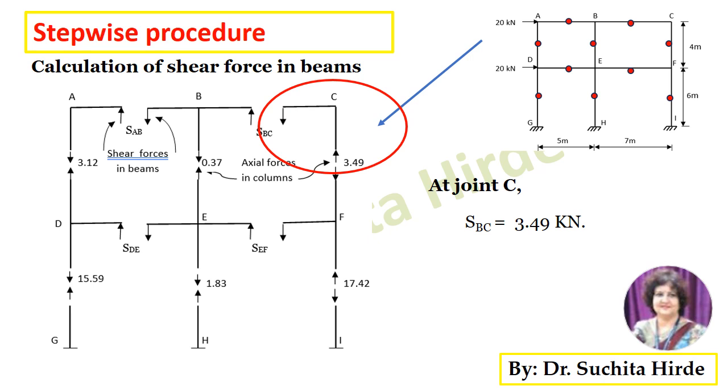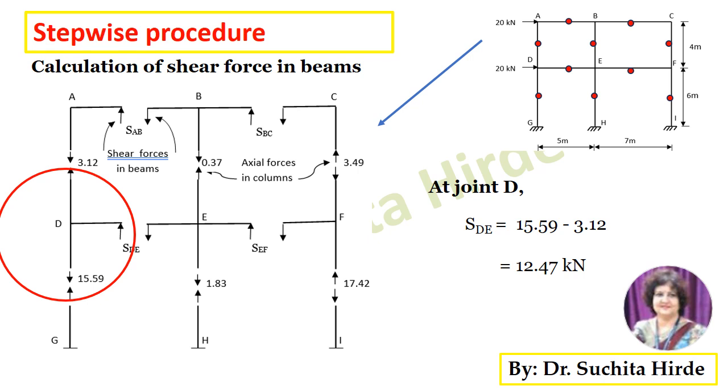Similarly, if you apply summation of vertical forces equal to 0 at joint C, you will get shear force in beam BC is equal to 3.49 kilonewton. Applying the equilibrium condition at joint D, we get shear force in beam DE is equal to 15.59, which is downward, minus 3.12. So it is equal to 12.47 kilonewton.